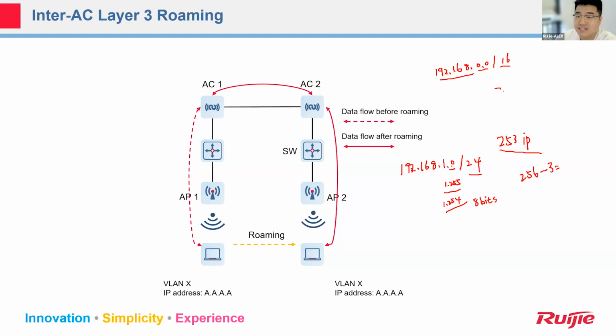So in this case, you have about 2 to the power of 16 minus 2, a lot of IP addresses you can use. So about your question, how can we get more than 253 IPs? It's just to use a larger subnet.